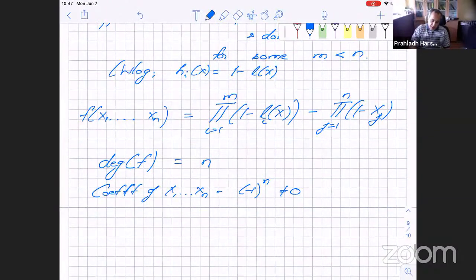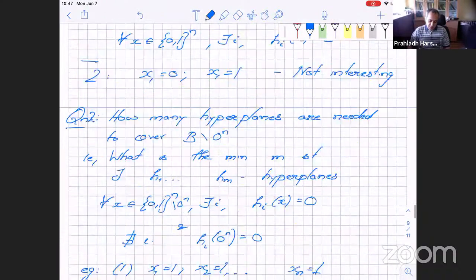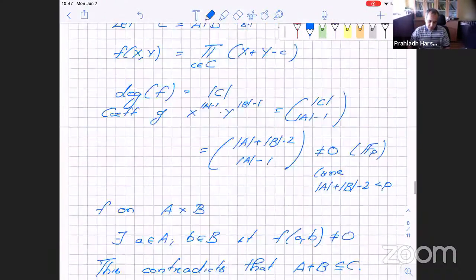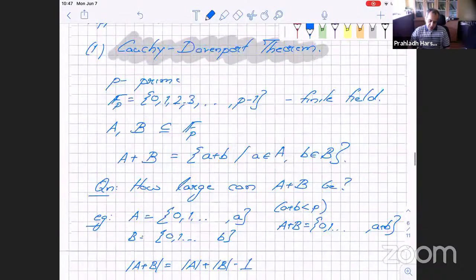Now let's look at f on the grid {0, 1}^n. So this is the grid I'm talking about, {0,1} cross {0,1}. Sorry, let's go back to the combinatorial Nullstellensatz. What's the statement of the combinatorial Nullstellensatz?